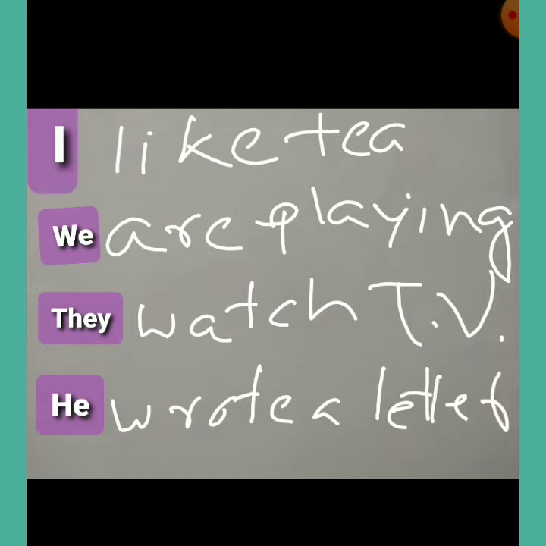He wrote a letter. So here you can see after the subject there is a verb and an object. So this is how you can make sentences by using the subjective case. The subjective case or the subject comes at the beginning, then the verb and the object.